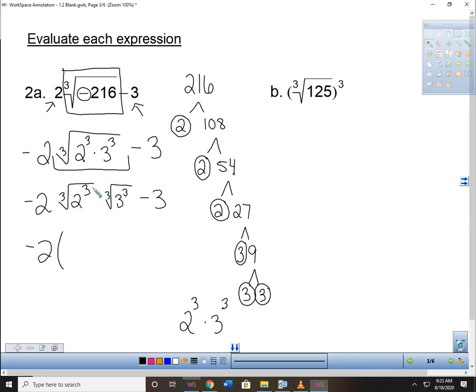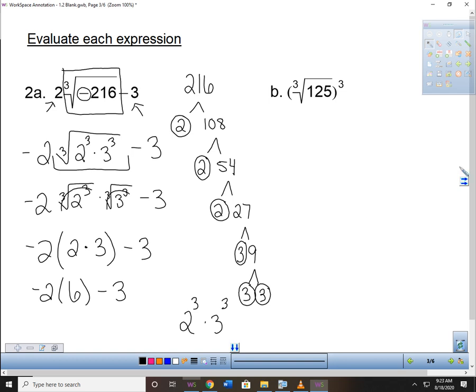So in here, what happens to these 3's? They cancel and you have 2 times. What happens to these 3's right here? They cancel. So I have a 3. Close your parenthesis, and then you have minus 3. So now, what do you have in here? 6. So you have negative 2 times 6 minus 3.